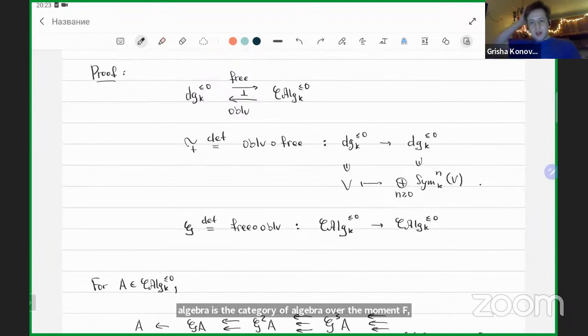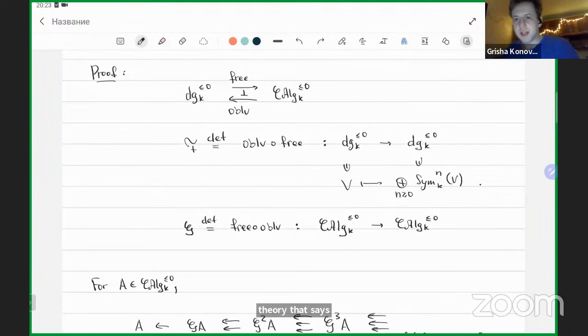And there is a theorem that says that whatever class of colimits the monad preserves, the forgetful functor from the category of algebras over the monad to the underlying category will preserve.